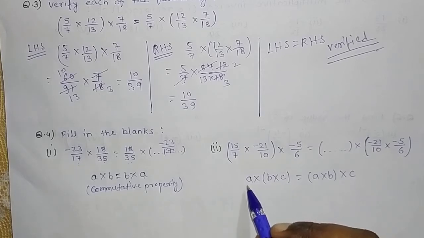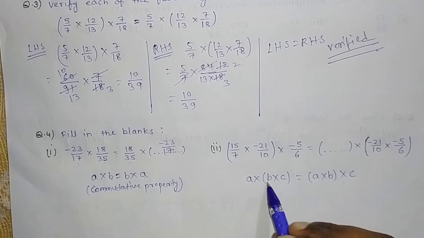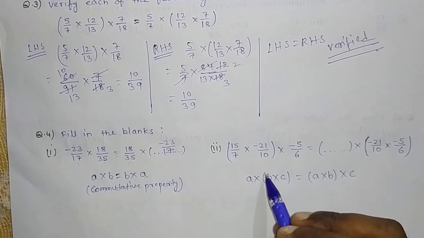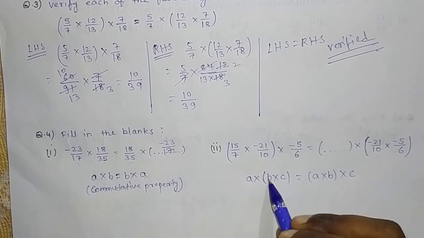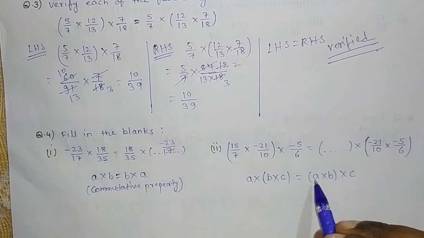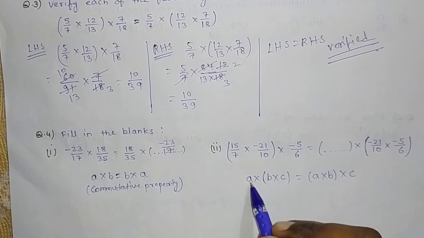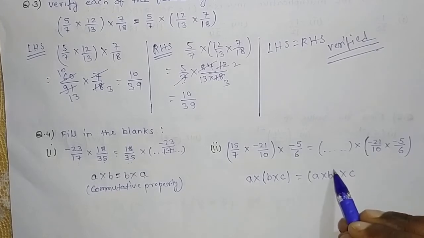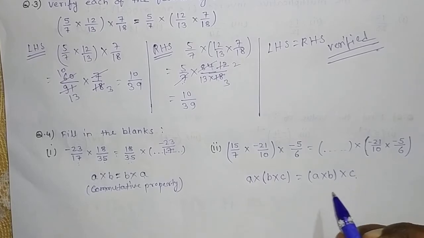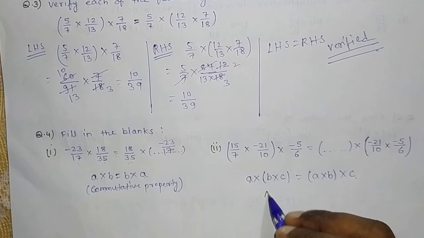Let's suppose the three rational numbers are A, B and C. If we multiply A into in bracket B into C, this equals to, here I am taking first two numbers in bracket, so A, B, it comes in one bracket, A into B into C. This is associative property.